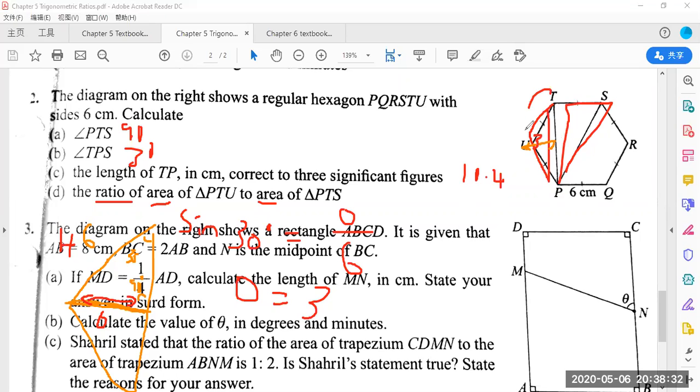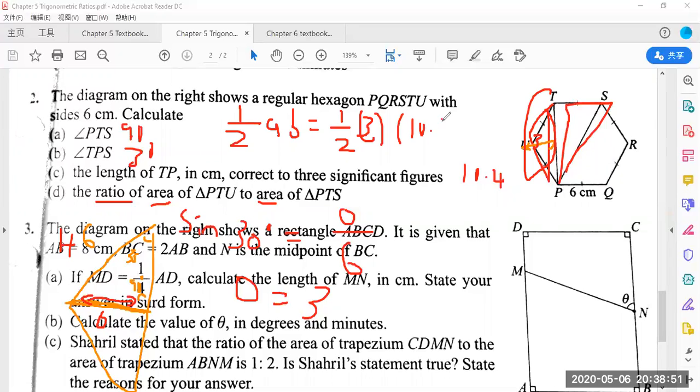So for this triangle, then we can calculate. The formula for triangle is half AB. So it's half, 3 cm multiply the length. Just now we found TP is 10.4.